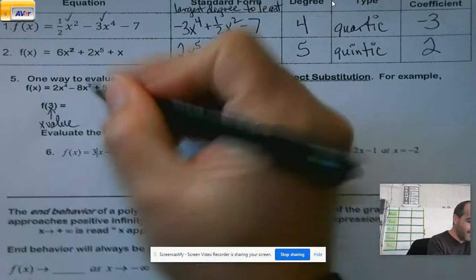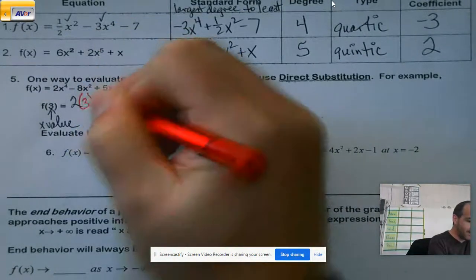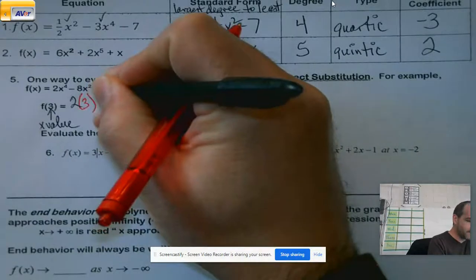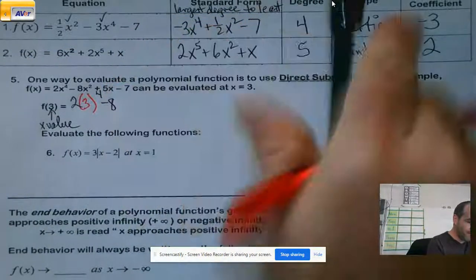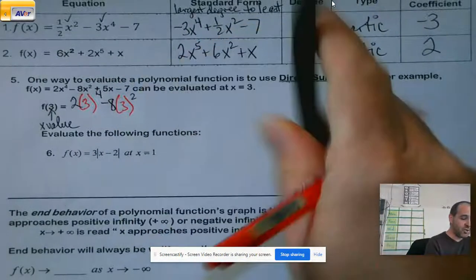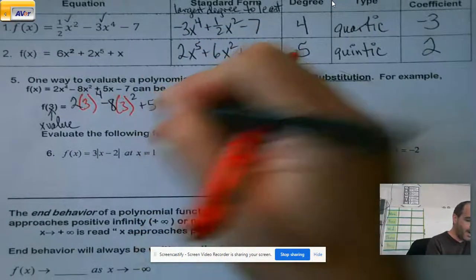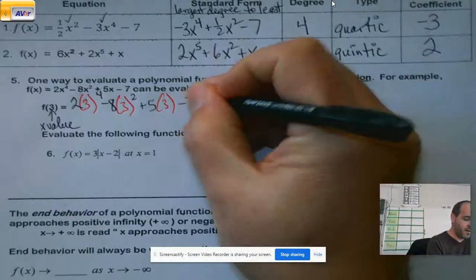So basically, I'm going to take what I have here, and every time I get to an x, I'm going to use parentheses and try to keep my writing utensils straight as I substitute that 3 in every time I see an x.